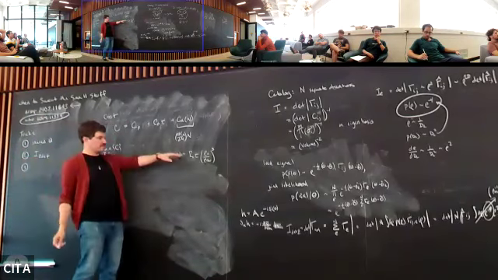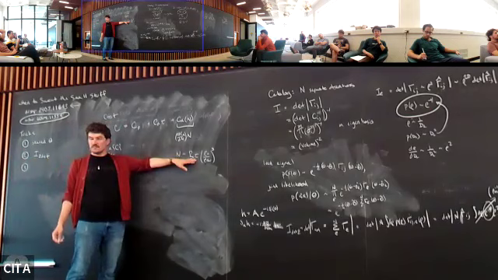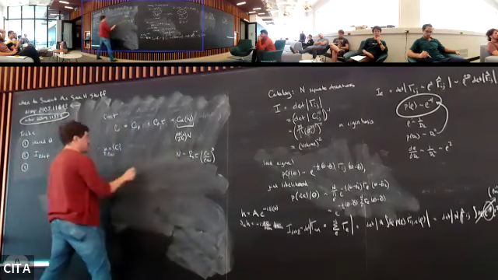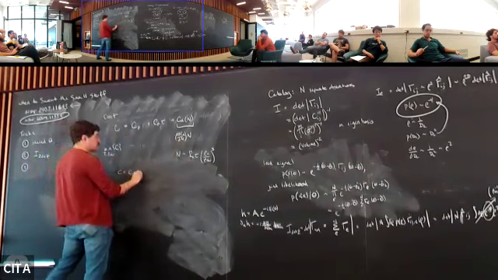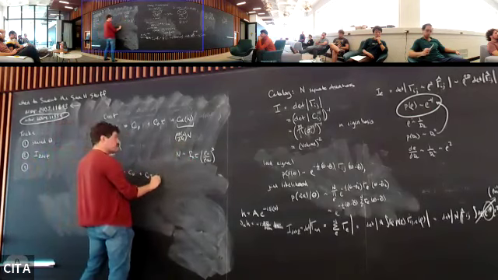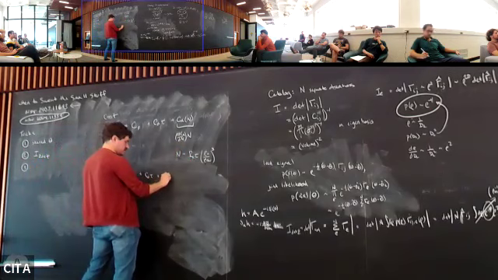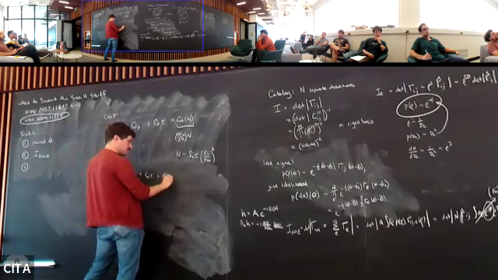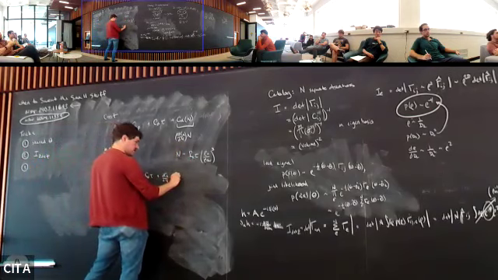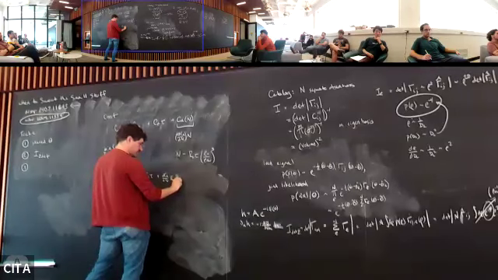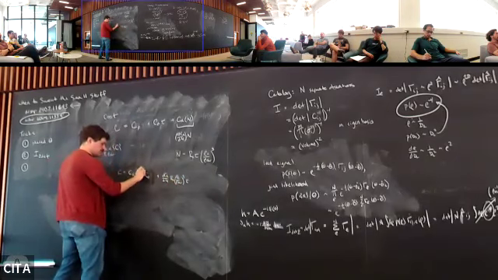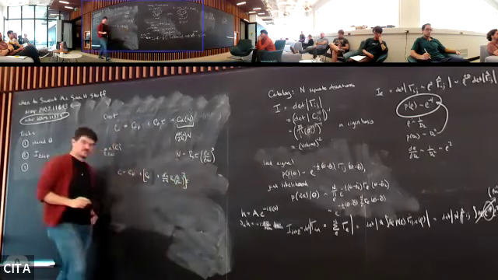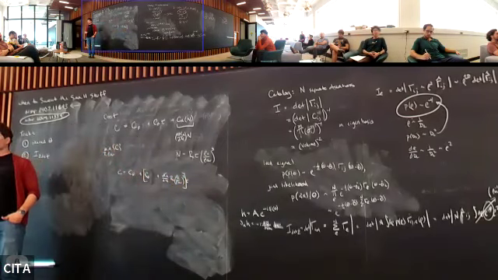So let's now assume that n scales like this, okay? And plug that in. So I can then write C is CF plus C naught tau plus CA n R naught rho over rho threshold cubed tau. That's nice.